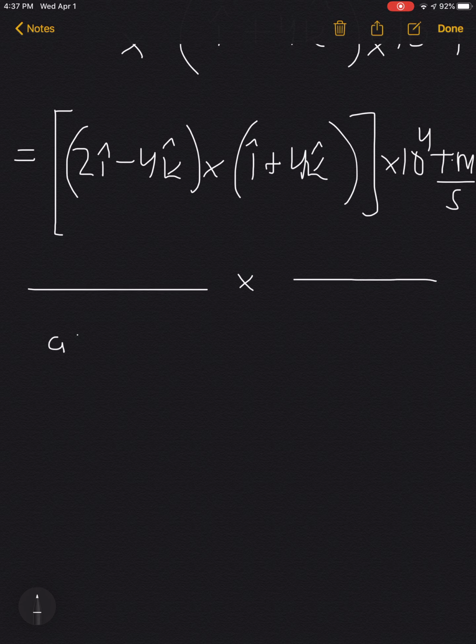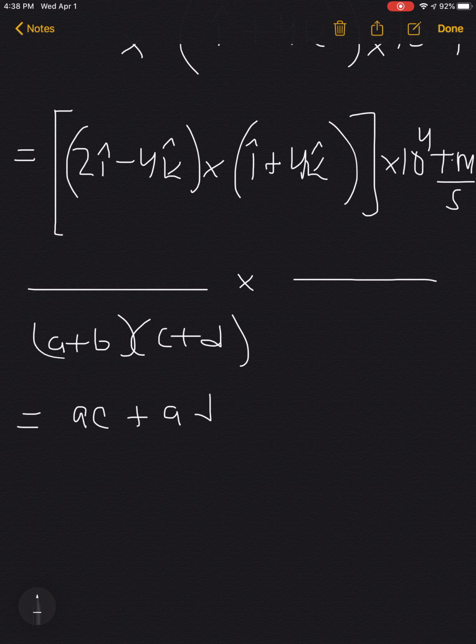When you are doing A plus B times C plus D, this is equal to A times C, that's the first piece, plus you do the outside pieces, which is A times D. Now you do the inside pieces, B times C, plus the last pieces, which are B times D. Now, this is how you do your normal multiplicative product, but obviously, in that case, switching A and C is not a big deal because 2 times 4 is 4 times 2.